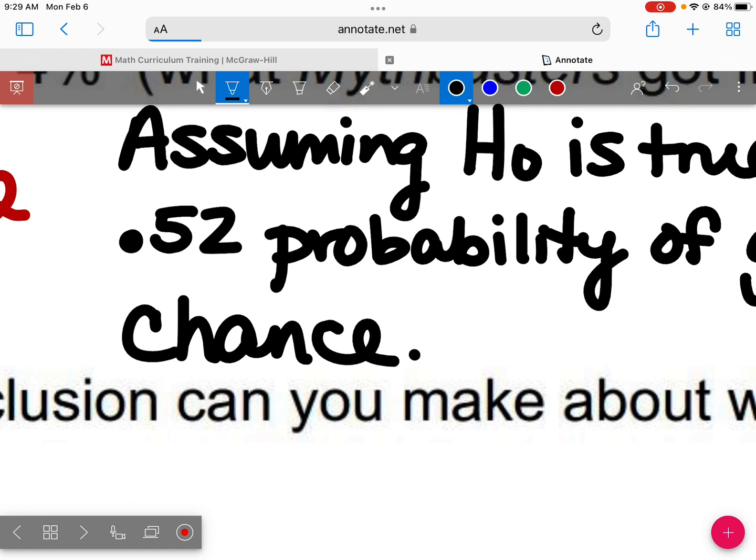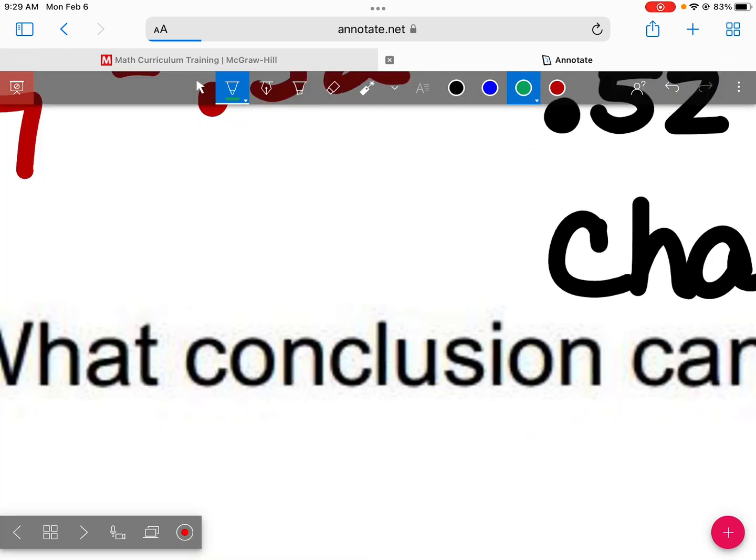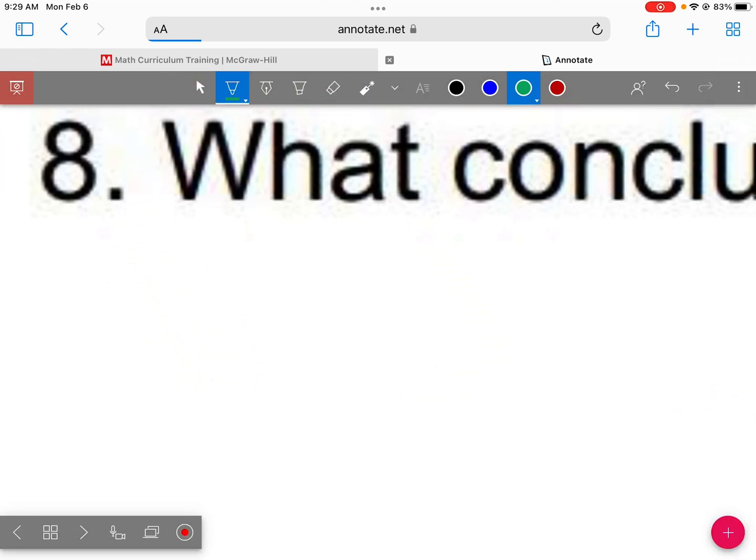What conclusion can we reach from that? Would we reject or fail to reject the null? Fail to reject. Why fail to reject? P-value is too high. The p-value is not low in this case.